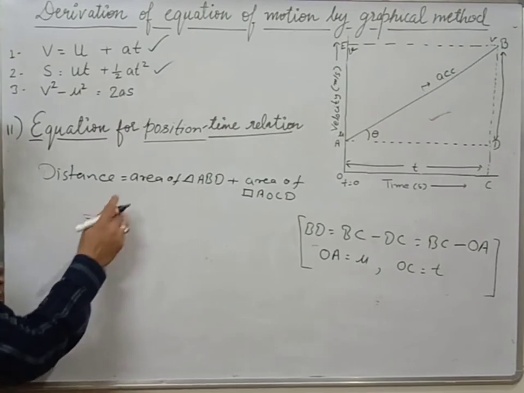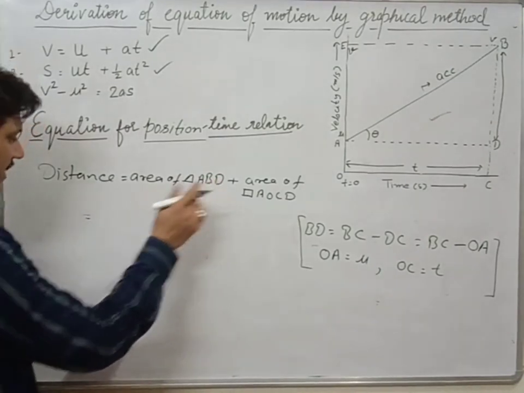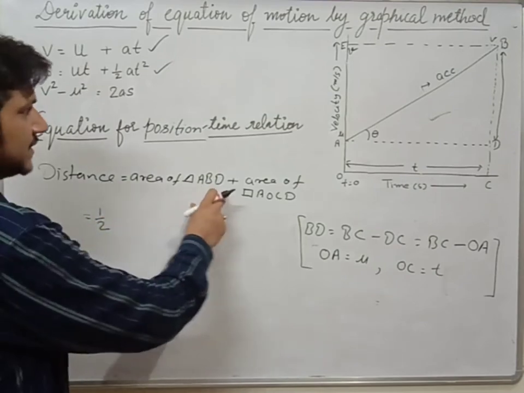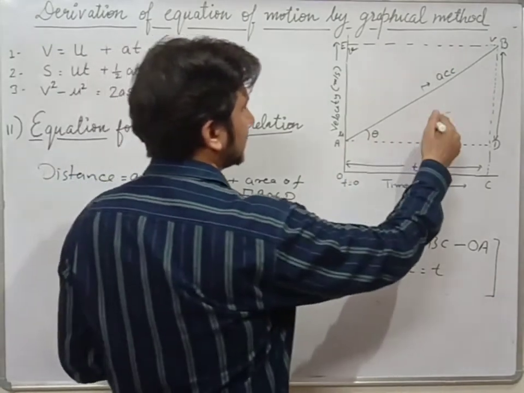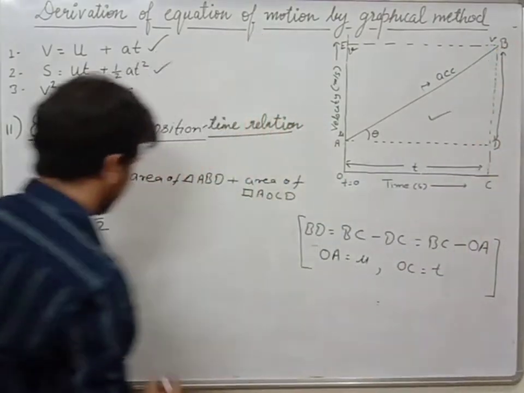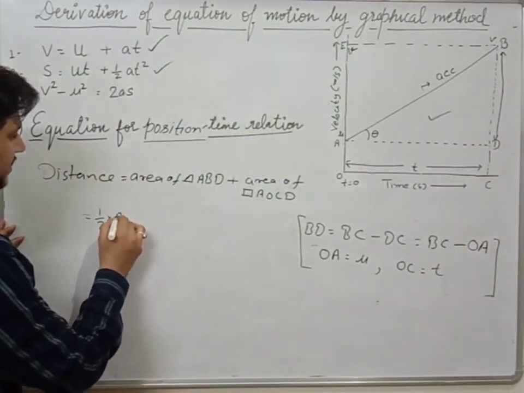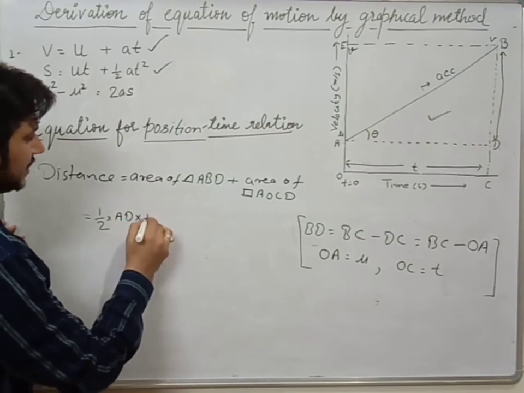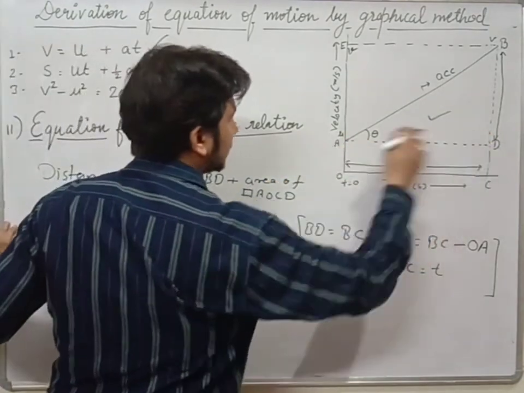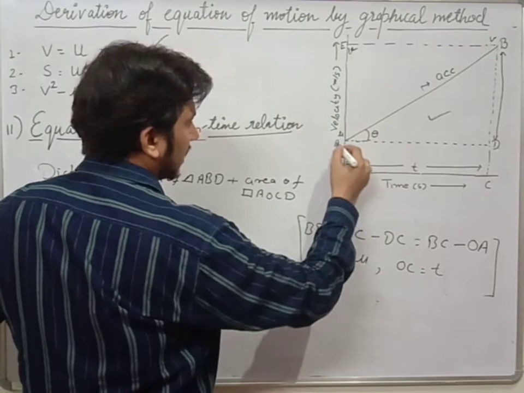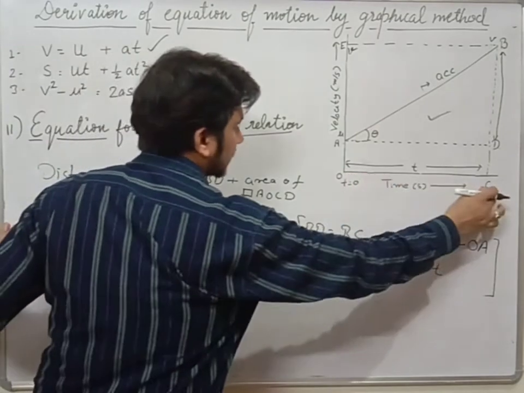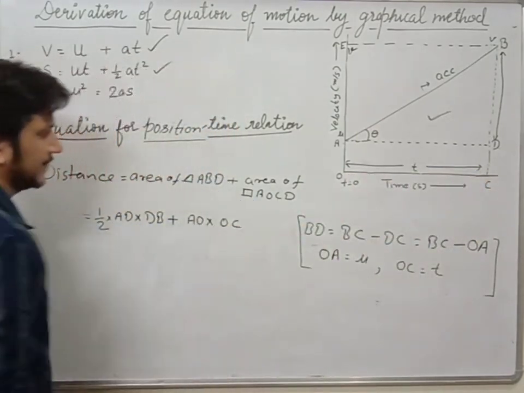Now here the area of triangle ABD equals half base times perpendicular. So the area of this triangle will be half into AD into DB, plus the area of this rectangle, AO into OC.